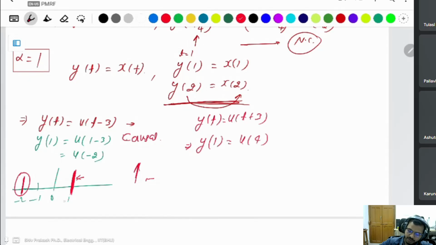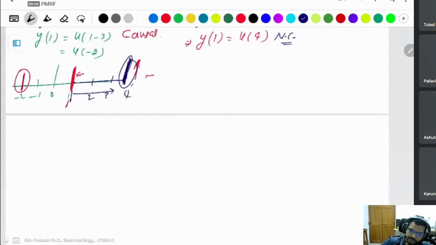The same input value is given here, but the system presents the output of 2, 3, 4 here. Now this is the future value. You move from minus infinity to plus infinity, but this is the future value, and this system will be non-causal.